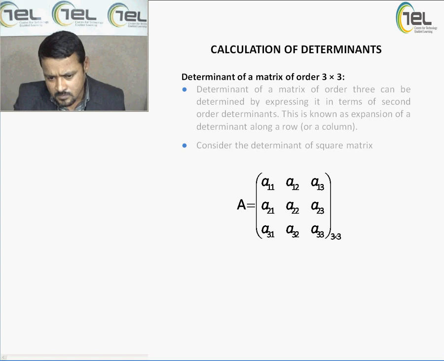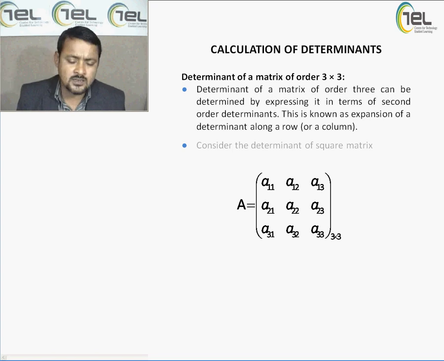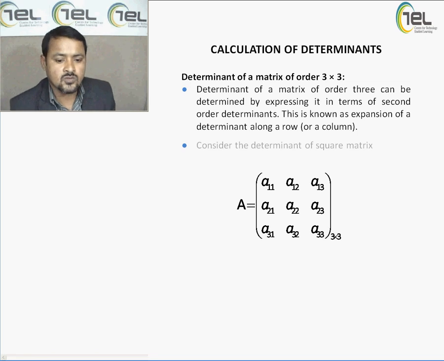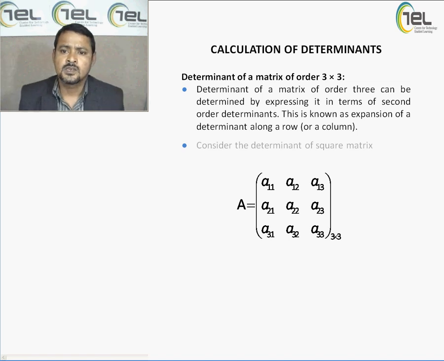After knowing how we calculate the determinant for a 2 into 2 matrix, we are going to calculate the determinant for the matrix of 3 into 3.